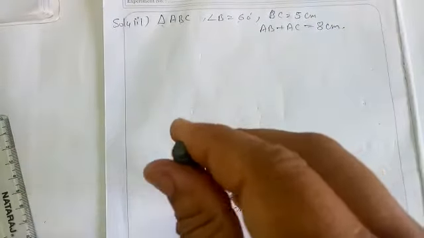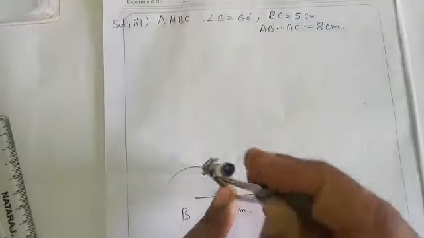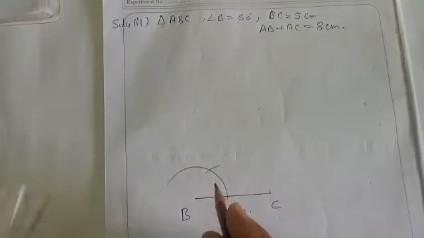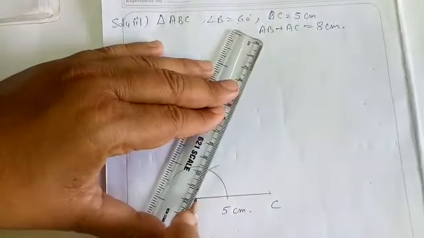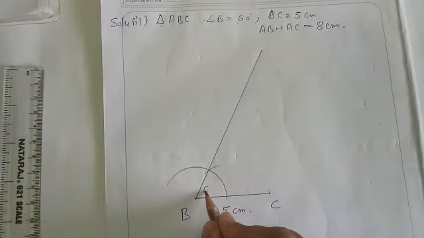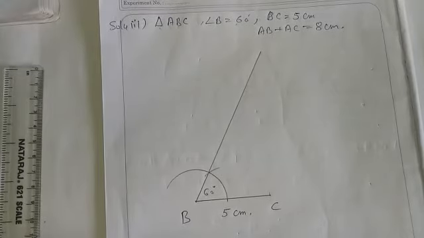With the compass you know how to draw 60 degrees. Cut an arc. From this point again you cut an arc. Then take this point, join and extend it. This is 60 degrees. Is it clear?